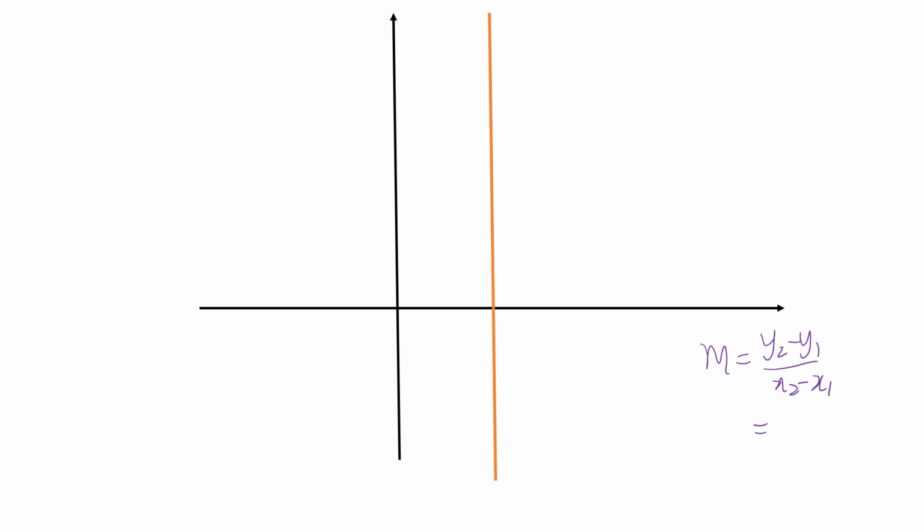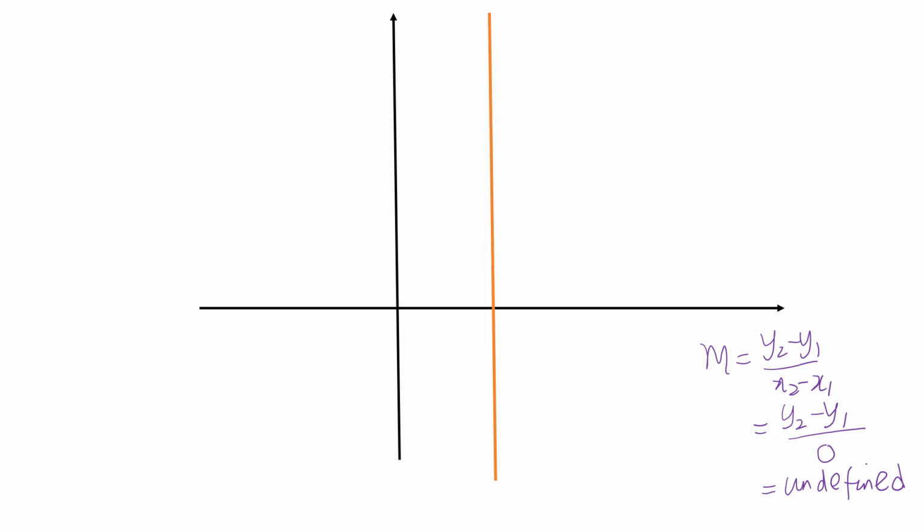For a vertical line, you will see that there is no run. That means there's no value for x2 minus x1. But you do have a height. So anything that's divided by 0 is something that's called undefined. That means you can't define a value for it. Therefore, a vertical line will have undefined gradient.